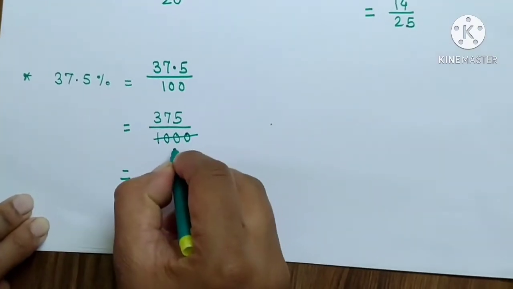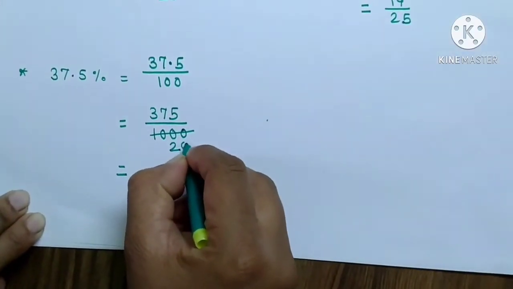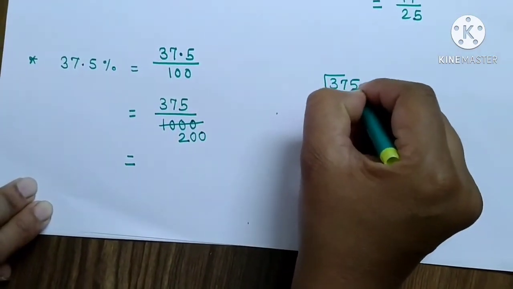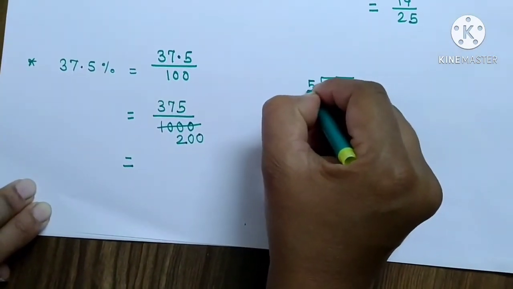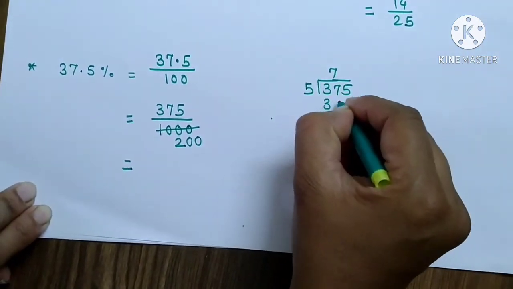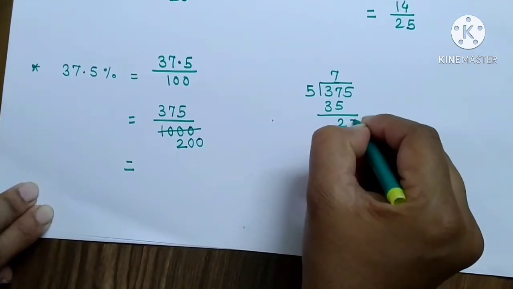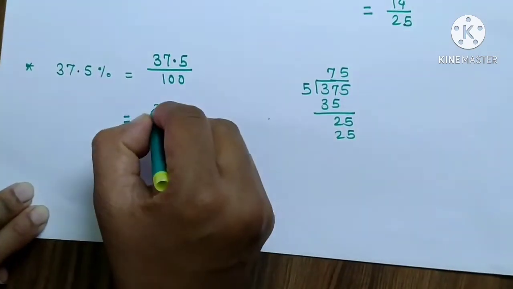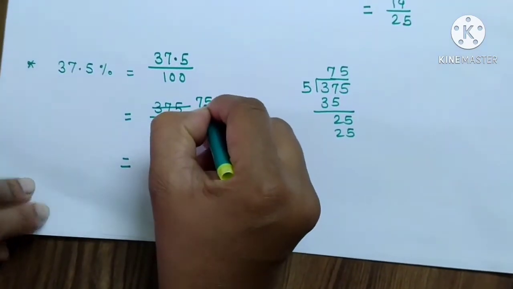5 2s are 10, 0 0. 375 by 5. 5 7s are 35. 2 5. 5 5s are 25. So here is 75.